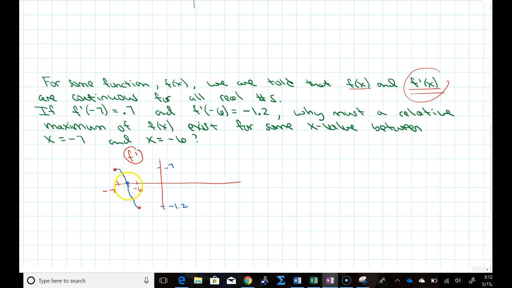And if f prime equals 0 at this point, you will see here that from negative 7 to this point, f prime is positive. And then from this point to negative 6, f prime is negative.